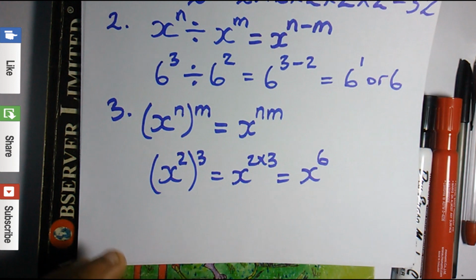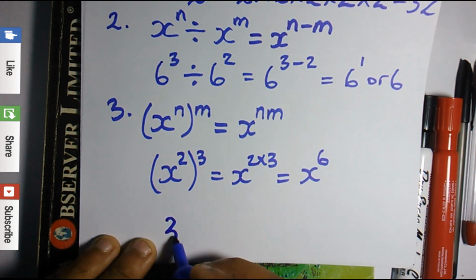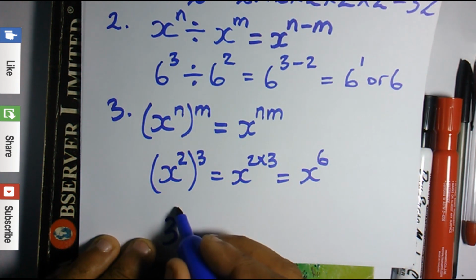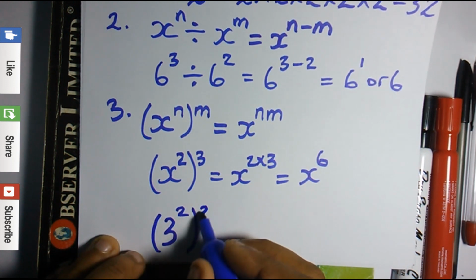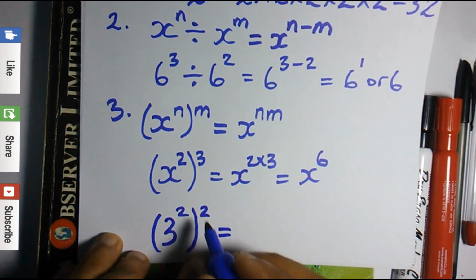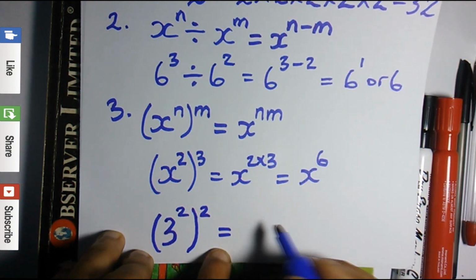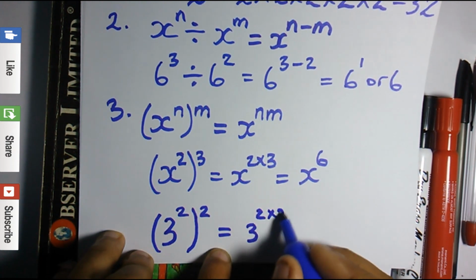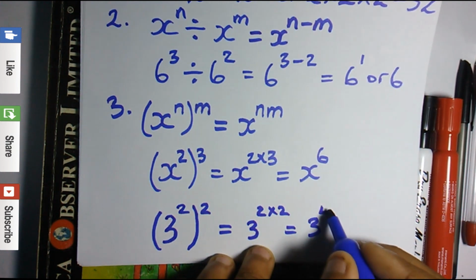Another one, we could have 3 to the power of 2 raised to another power 2, which is equal to, what am I going to do? I'm going to multiply the powers. So it would be 3 to the 2 times 2, which would be equal to 3 to the 4th.